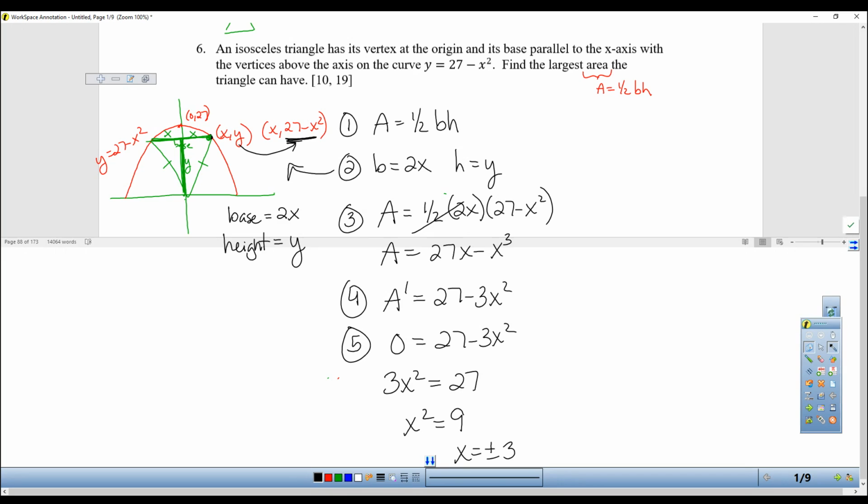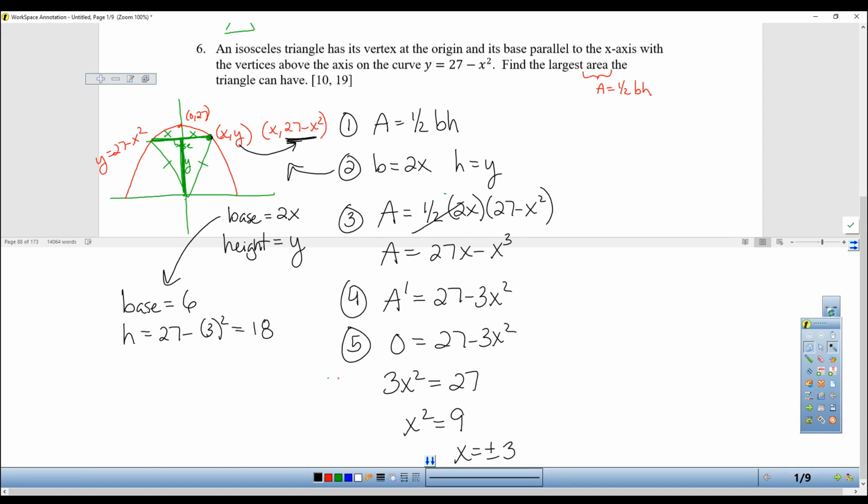Since x represents a distance, I'm only going to use the positive value. So going back to here, my base is equal to 6, 2 times 3, and my height is y, which is 27 minus 3 squared, and 27 minus 9 is 18.